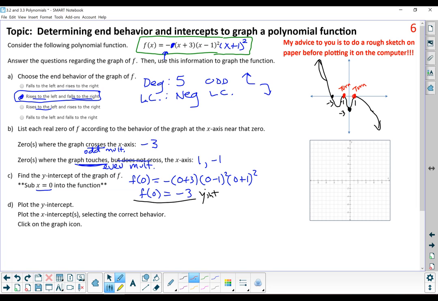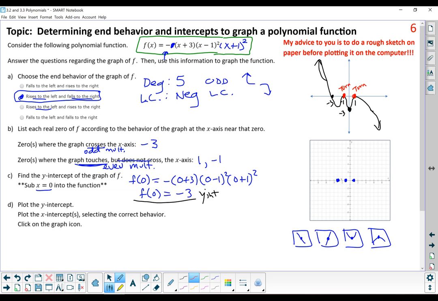So when you plot this in ALEKS, you are going to mark the intercepts. But when you mark those x-intercepts, you have to click, and it will give you a set of choices that look like this: straight through, turn around above, or turn around below.